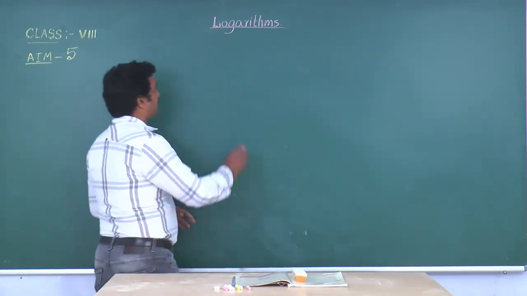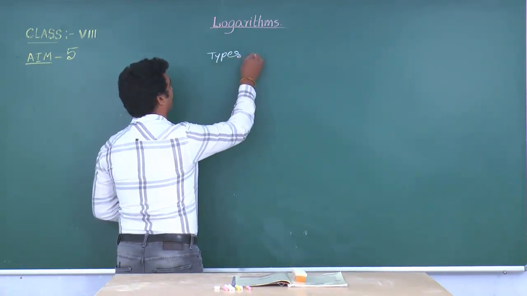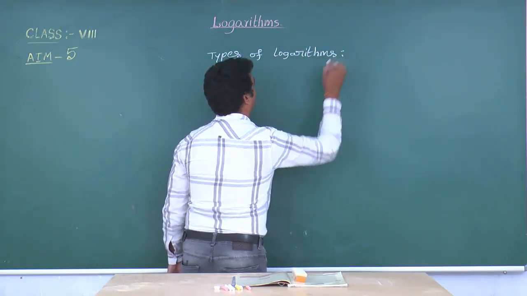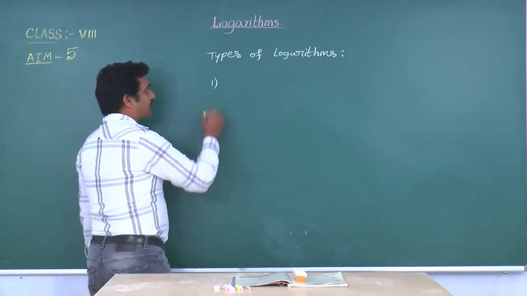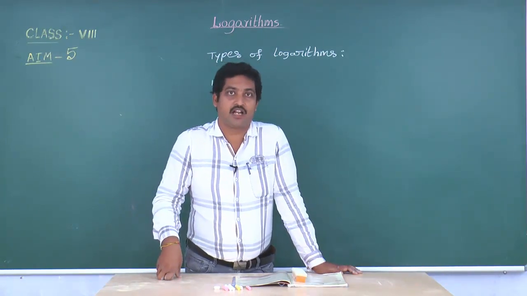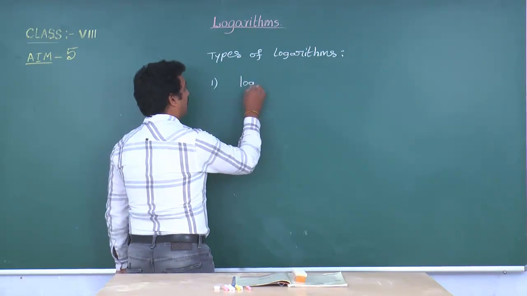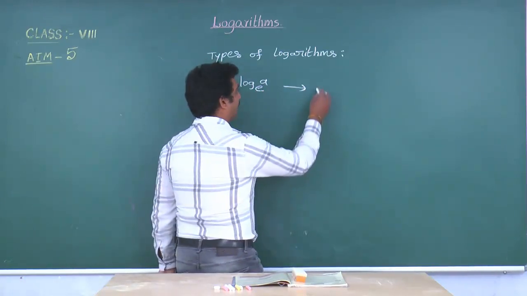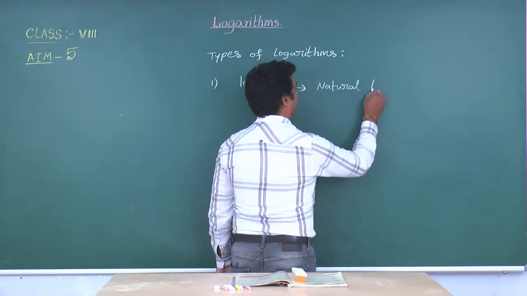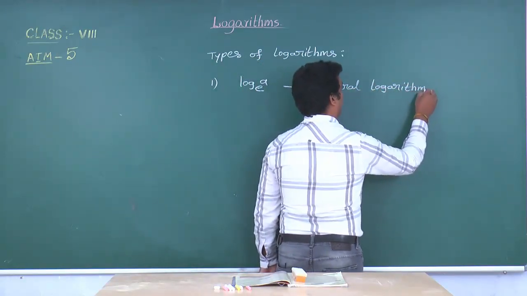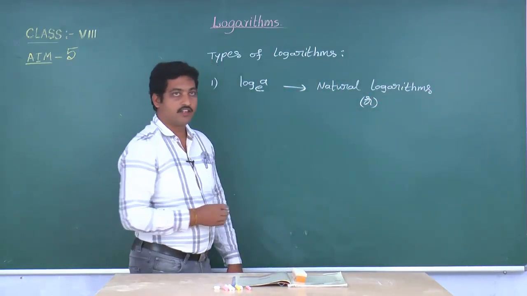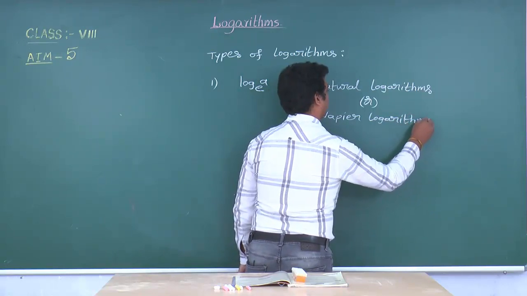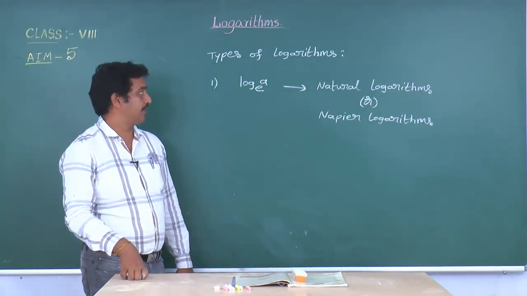Now first we are going to see types of logarithms. If the logarithms are calculated to the base e, that means log a to the base e, here the base is e, they are called natural logarithms, or Napier logarithms.